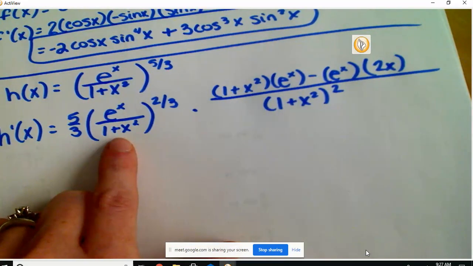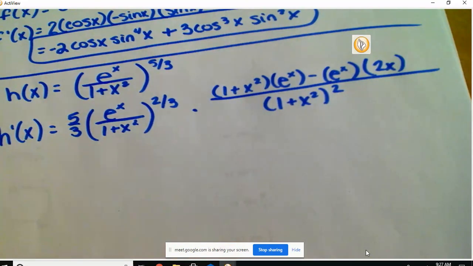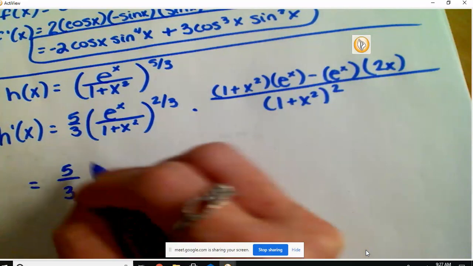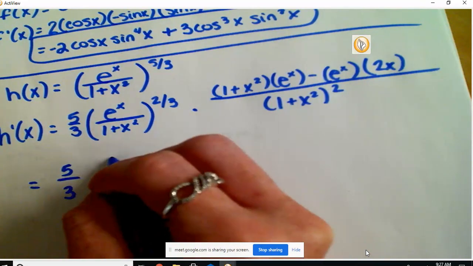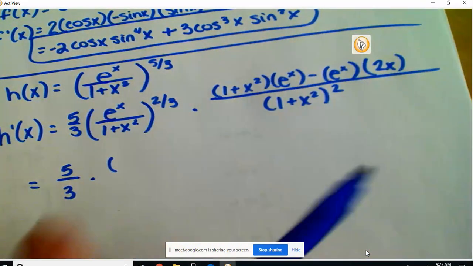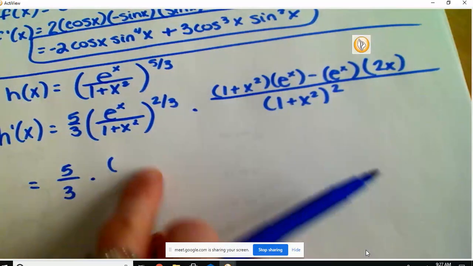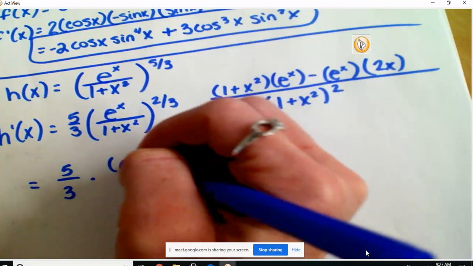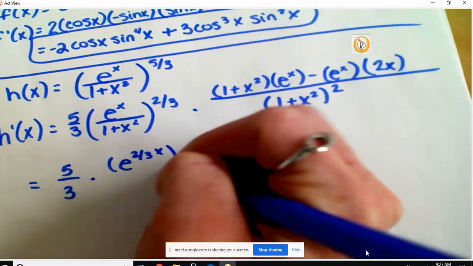Okay, from here we could clean this up quite a bit. I'm going to just rewrite this a little bit. I'm going to take my 2/3 to the top and bottom. So e to the x to the 2/3 is e to the 2/3 x.